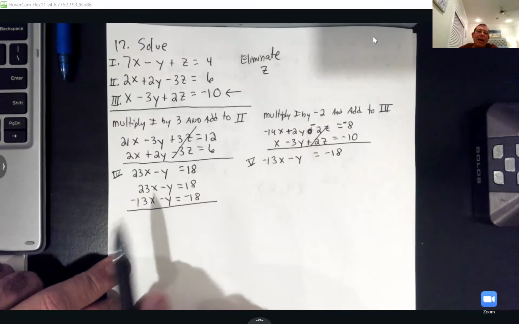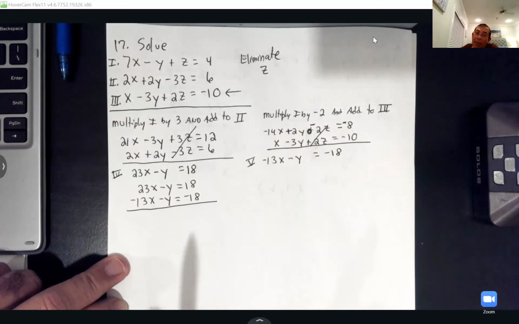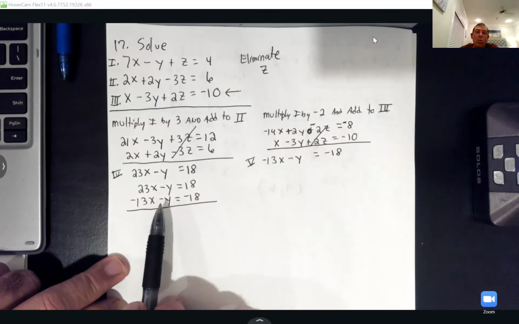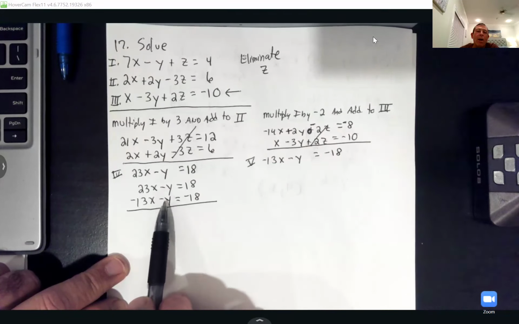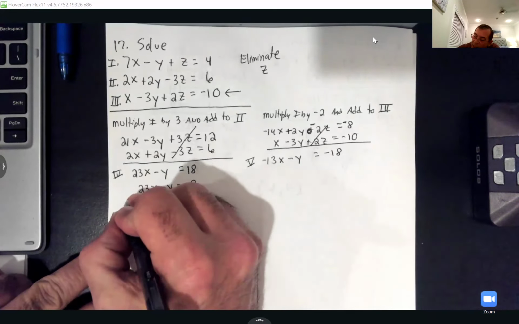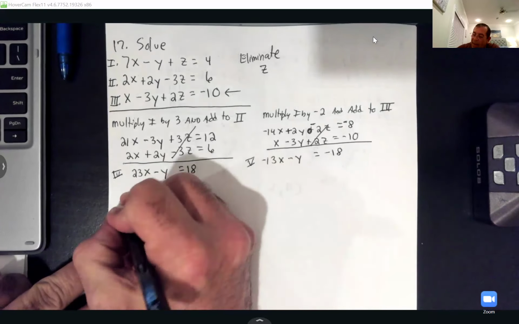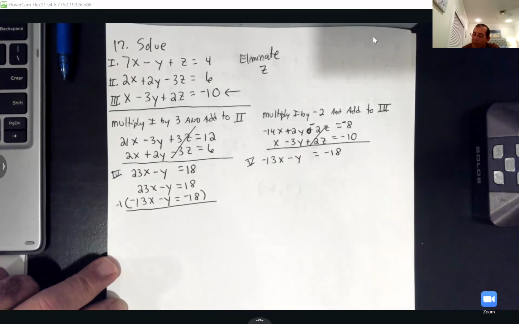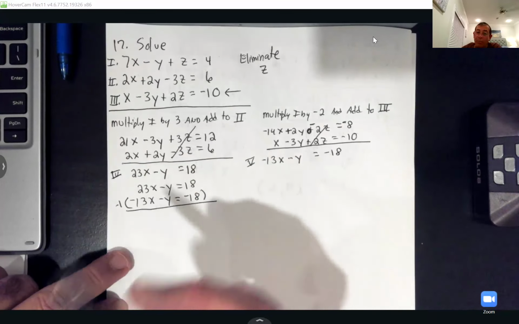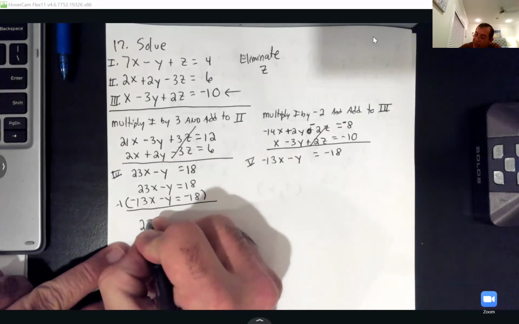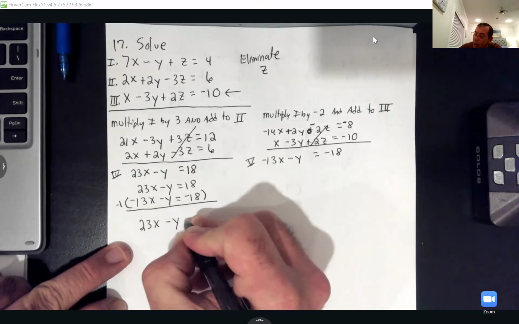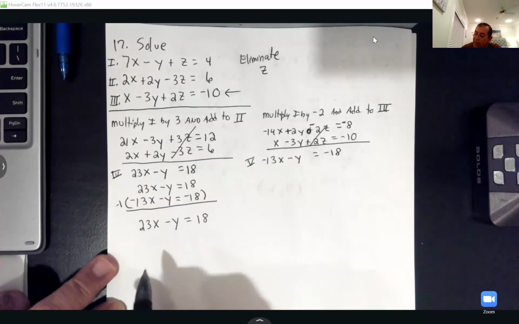So now I think what I'm going to eliminate on this one is the y, because I got a -y and a -y. I'm going to multiply the second equation by -1. So I'm not changing the top one. Let's bring that down. 23x minus y equals 18.